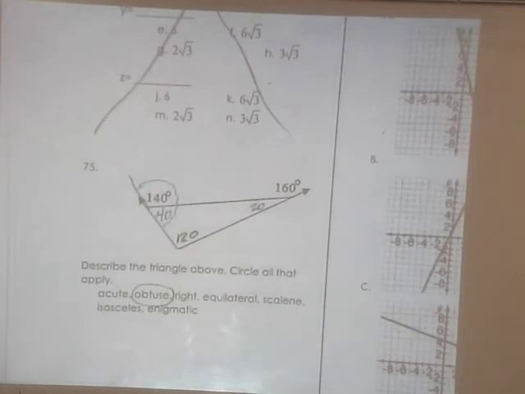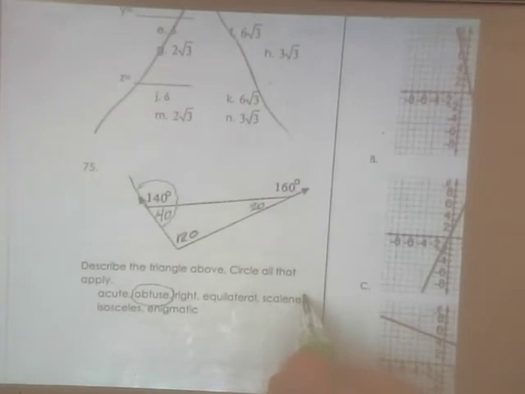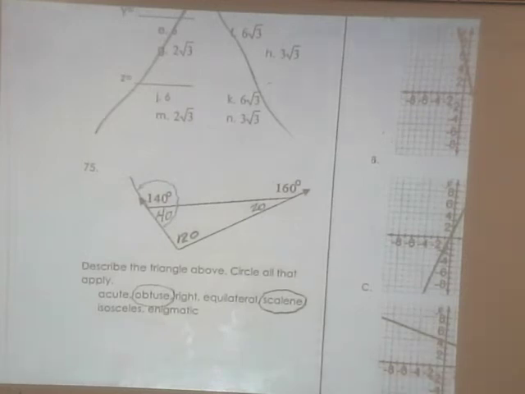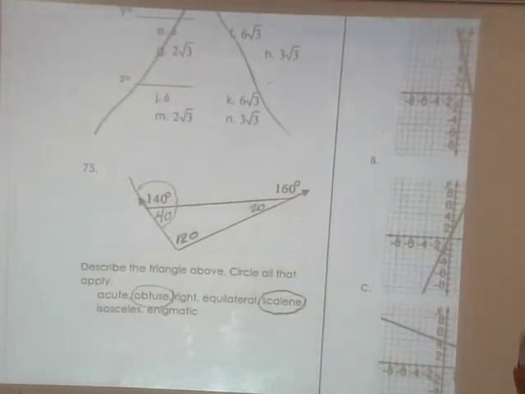They're all different. All sides are different. Yeah, so it is scalene. It is not isosceles. Enigmatic, what? I don't know what it is. It's not that. We don't need it. Maybe they just put it on there to compare.